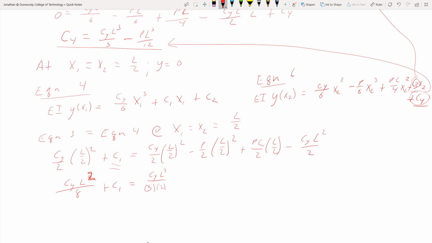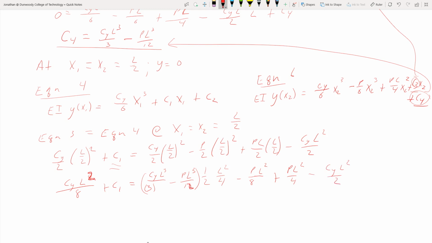So that is part of C4. Minus PL cubed over 12. All of that over 1/2. Yes. Okay. And then this is 12 times L squared over 4 minus P over 8 PL squared over 8 plus PL squared over 4 minus CyL squared over 2.